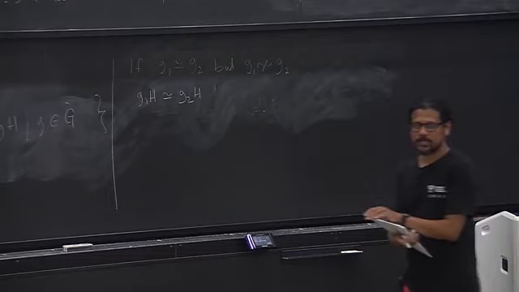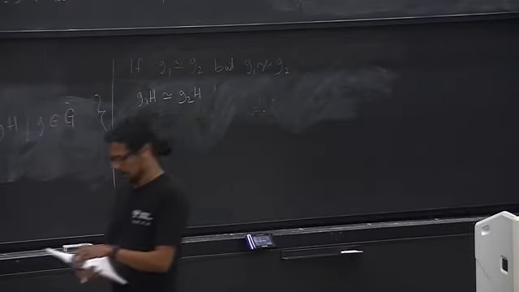So in other words, we can think of the coset space as some kind of a manifold.